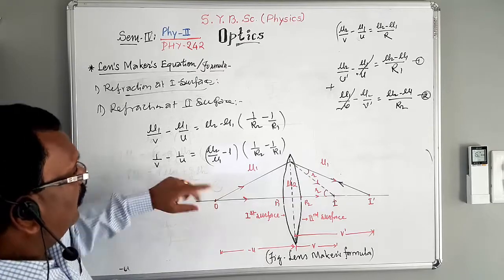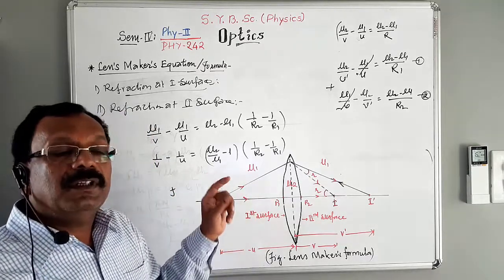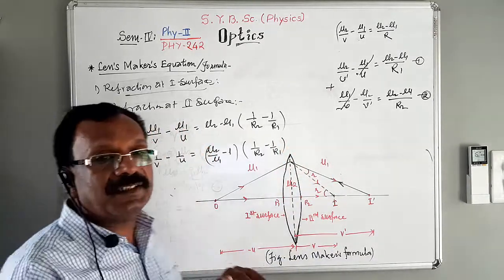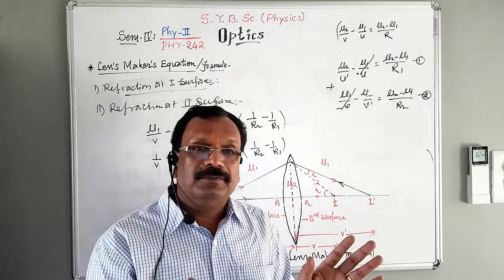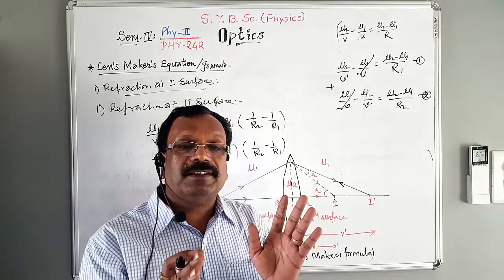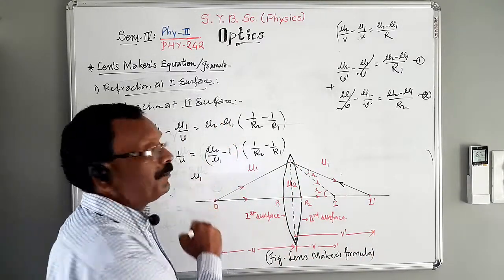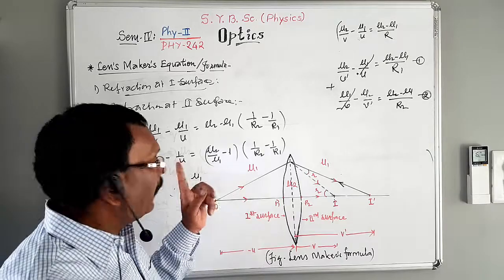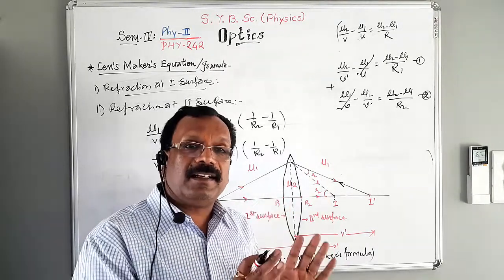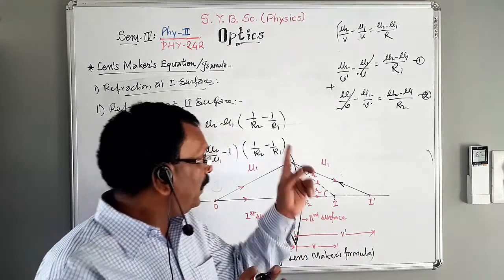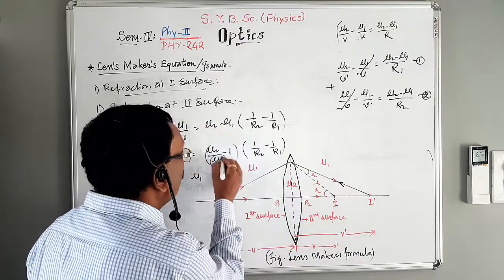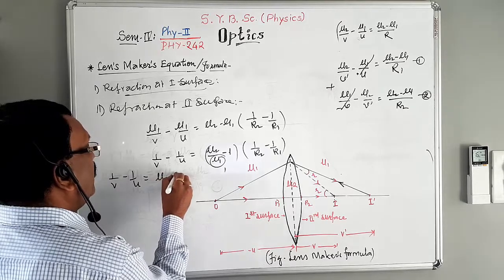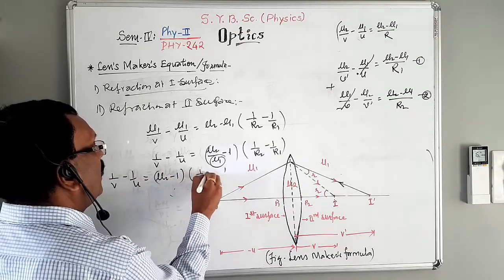Now remember that if the lens of refractive index mu2 is placed in air, whose refractive index mu1 is equal to 1, then we have simply 1 upon v minus 1 upon u is equal to mu2 minus 1 in bracket 1 upon R2 minus 1 upon R1.